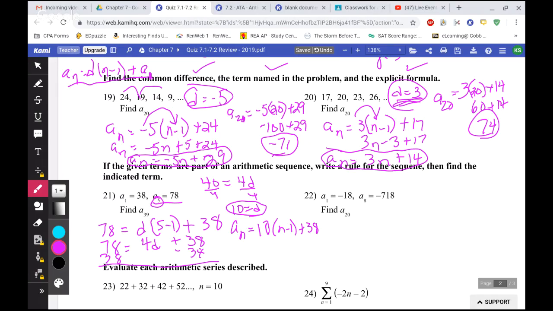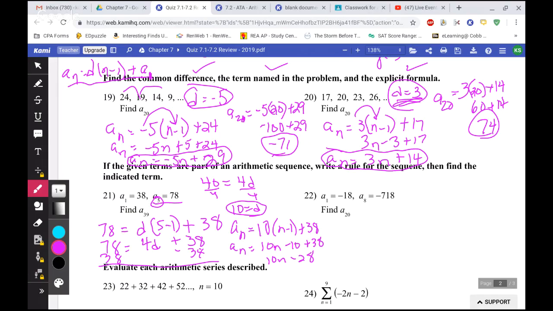The only thing that we had to do differently here is find the common difference because we were given two terms. So we use those two terms to find the common difference instead of using a number of terms in the sequence like we did on 19 and 20. So your formula is going to be a sub n equals 10n minus 28.